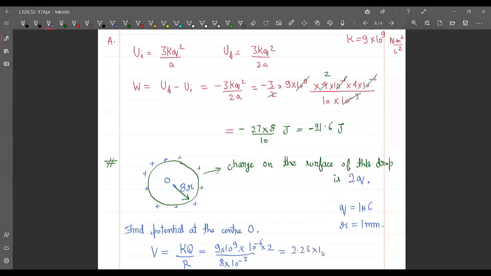So 2.25 into 10 raised to 6 joules per coulomb.